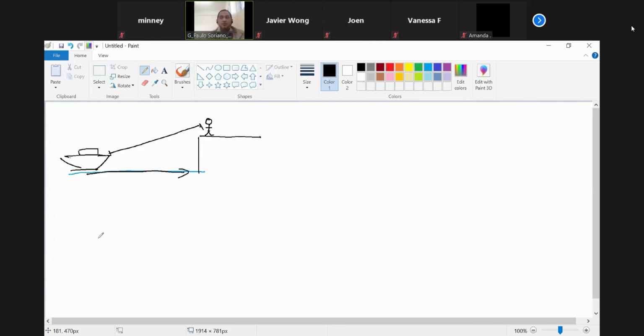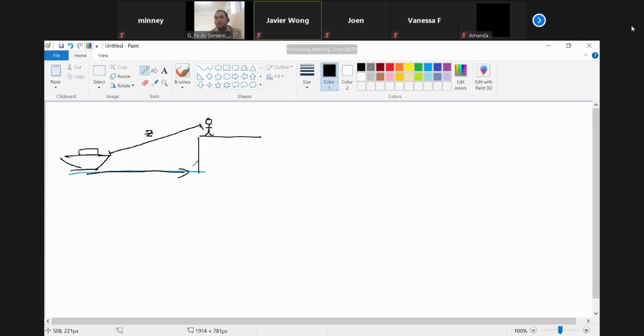How fast the rope is being pulled, let's say Z. The faster the rope is pulled, the faster the boat is going to move towards the pier, right?